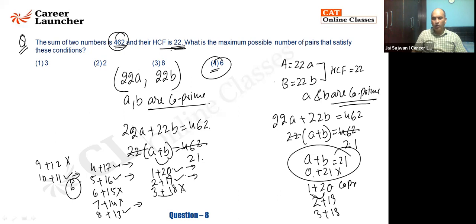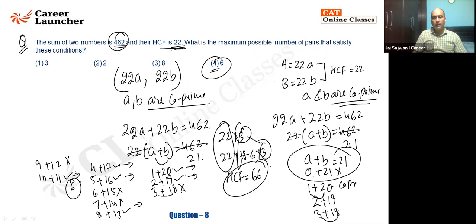But 3 and 18 are not co-prime, because if one number is 22 into 3 and the second number is 22 into 18, the common part between them is 22 as well as 3. 18 can be written as 6 into 3, so 3 is also a common part. So your HCF will change from 22 to 66. That's why I'm not taking it. Is it clear, Yanika, Sanket now?